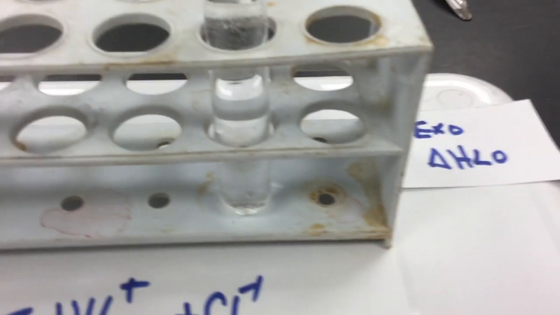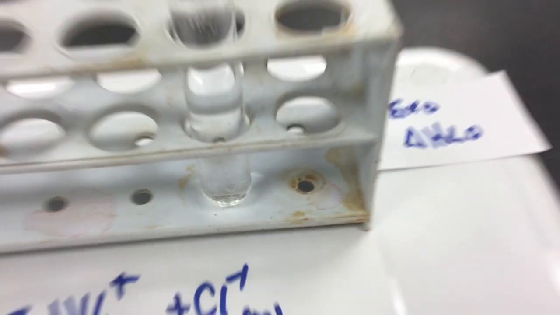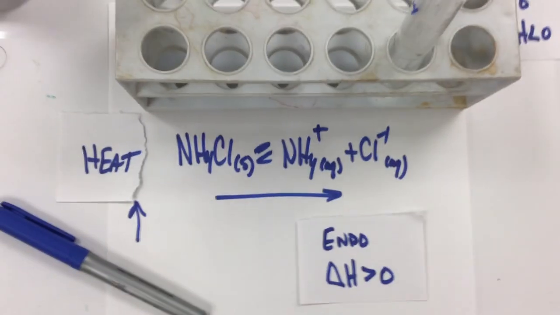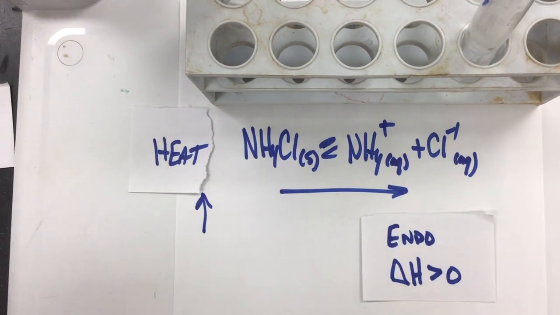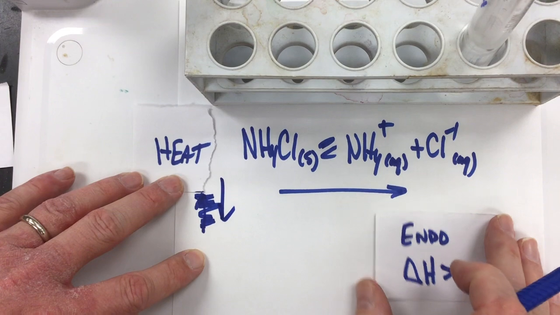Now, if I take this and let it cool over time, all of that is going to come back and recrystallize out, because if I cool it, then instead of adding heat, I'm going to be removing heat.